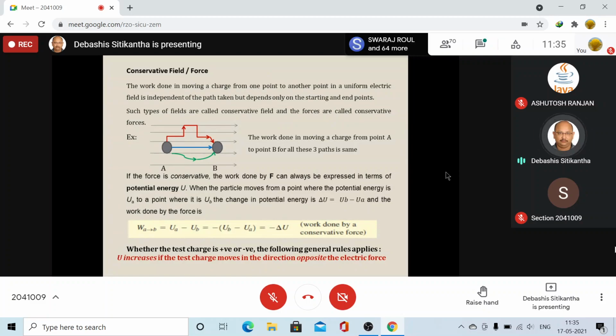Similarly, if I move an electron in the direction of the electric field, then also the work is going to be done by an external agent. It is going to be considered as a negative work, and moreover, the potential energy of the electron increases.